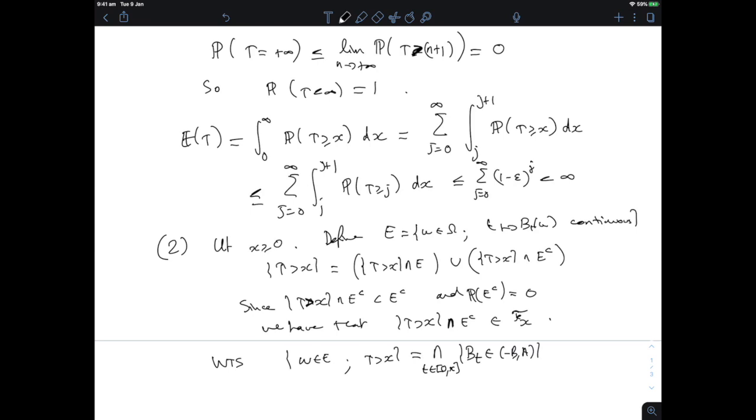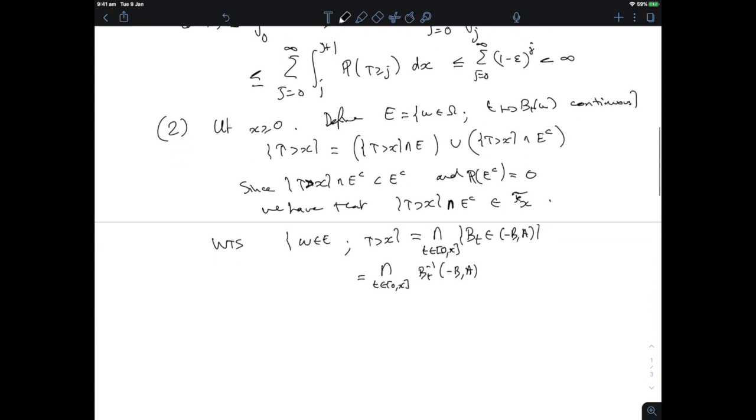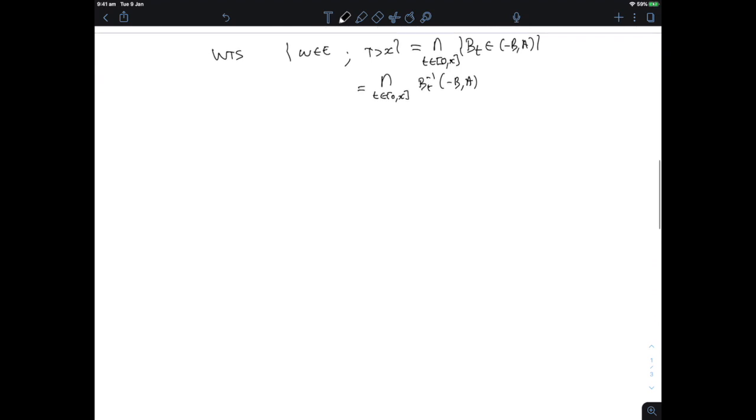Now, this intersection, it's the intersection of inverse images of an interval. So great, all of these inverse images are going to have to be in Ft, and Ft is included in Fx because the family Ft is a filtration. So you would think, I'm done here, but not completely.